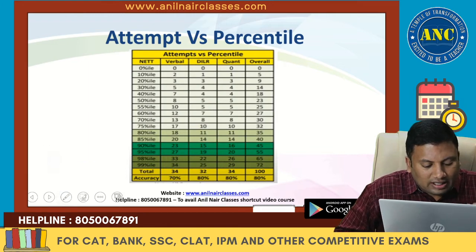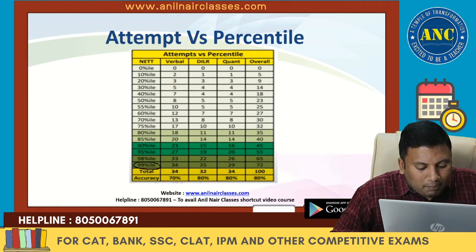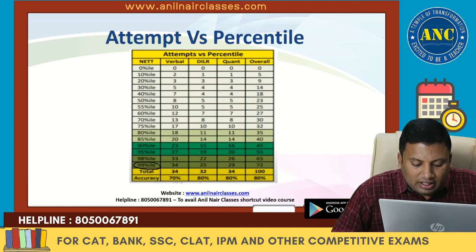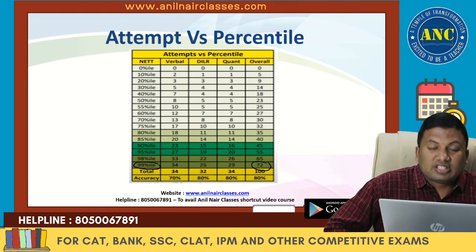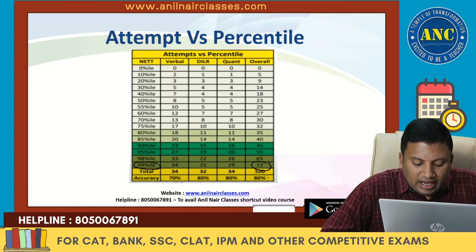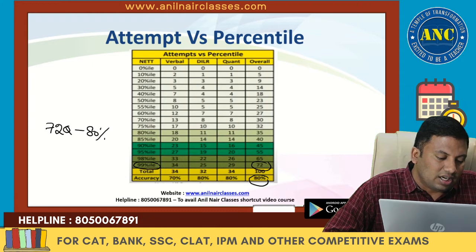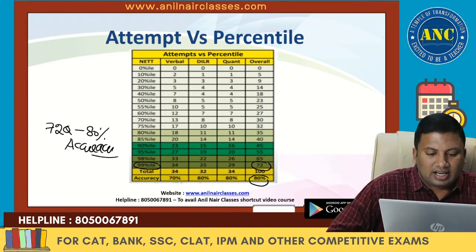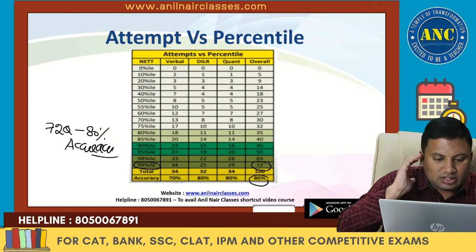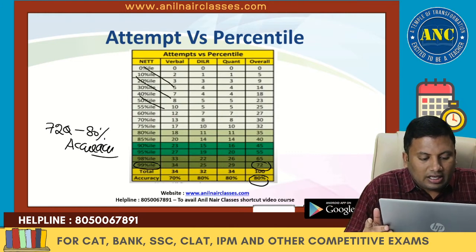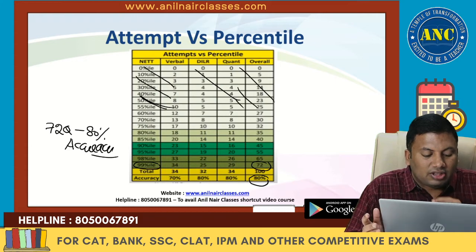For you to get an overall 99 plus percentile, if you attempt 72 questions with 80 percentage accuracy, you are almost in the 99 plus percentile range. So these are the attempts versus percentile with accuracy.